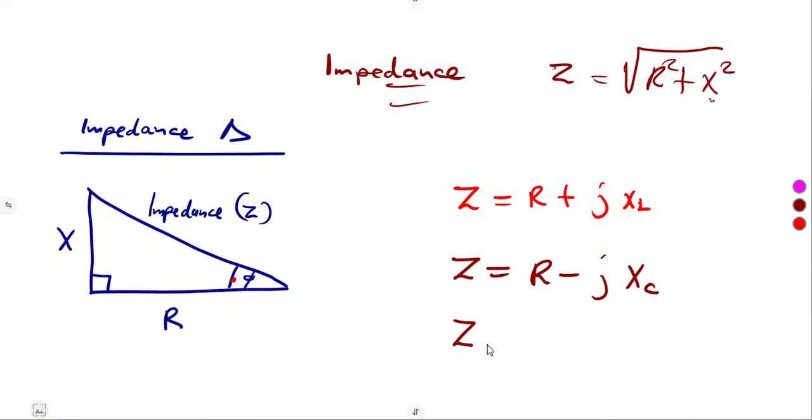We can have a condition where our impedance is actually equivalent to the resistance. In that case, it means we do not have any reactance to be added here. That will be a 0, which is a purely resistive circuit, which can be written in polar form as R. Our Z is going to be R angle of what? Of 0 degrees.